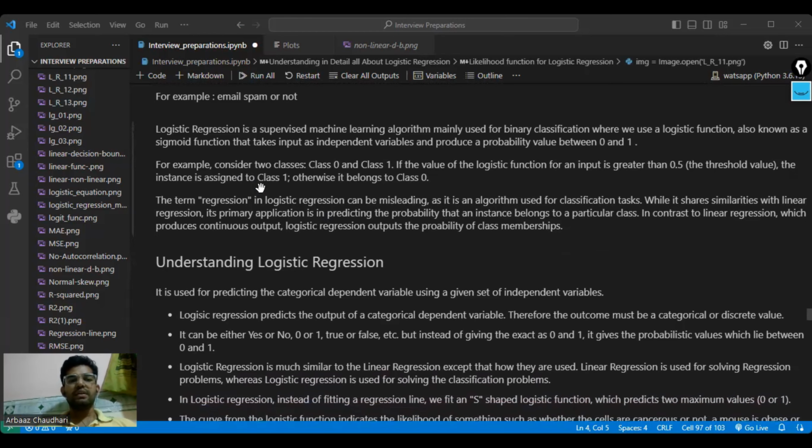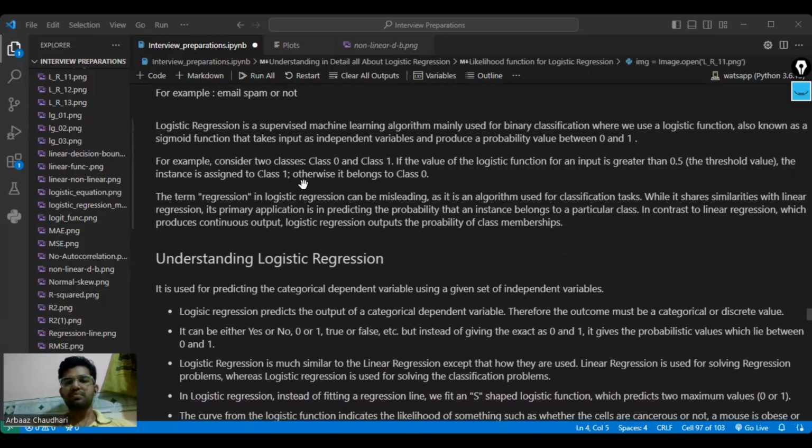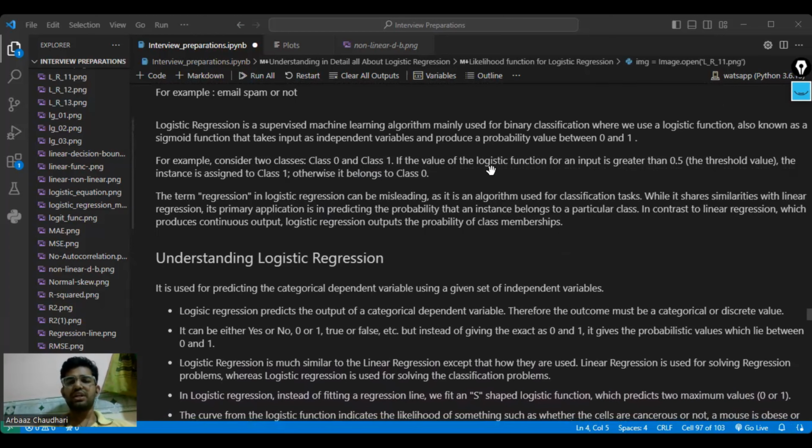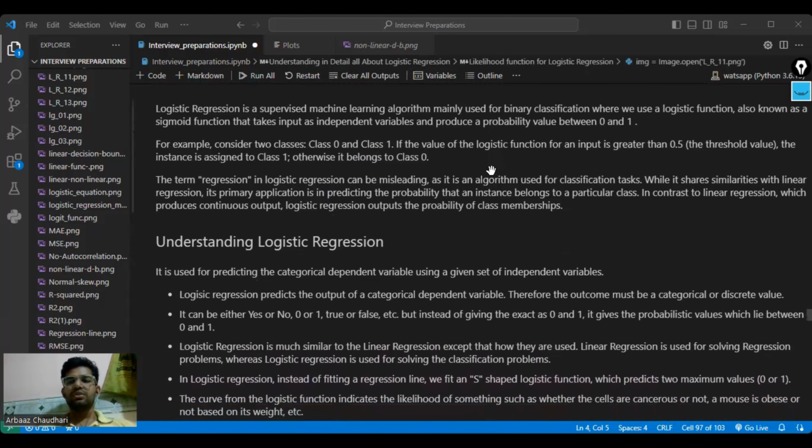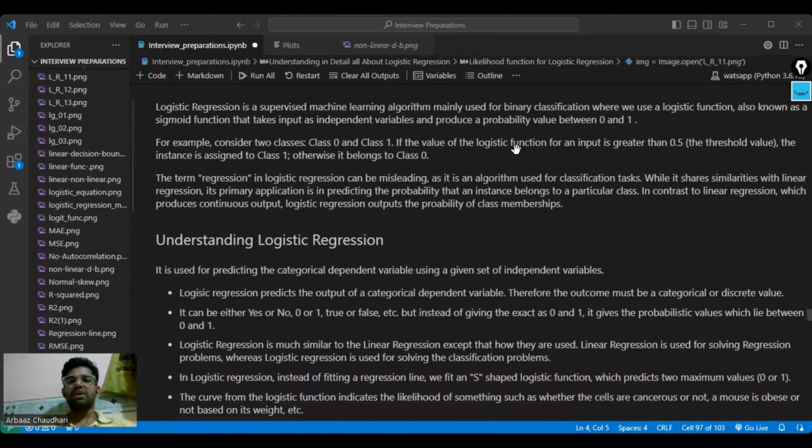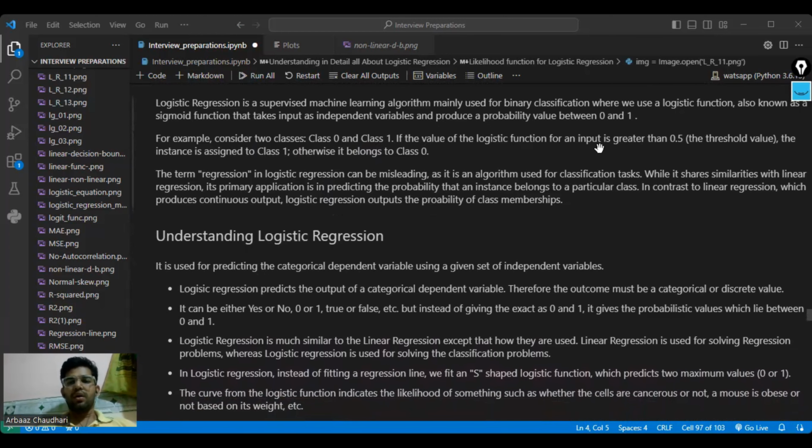Consider that there is a class 0 and class 1, and if the value of the logistic function for an input is greater than 0.5, that is, greater than the threshold value.